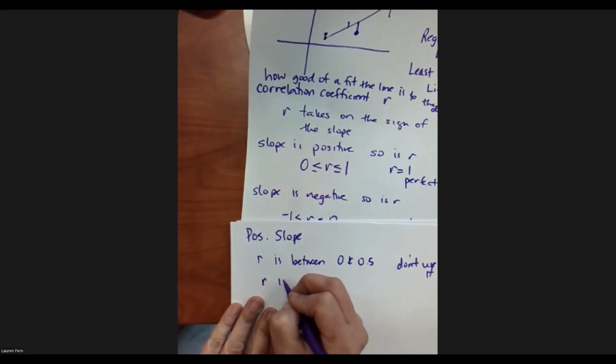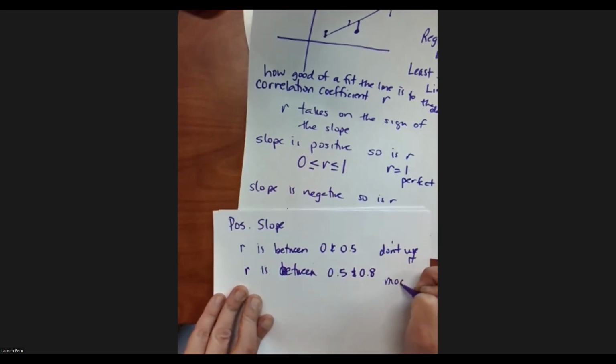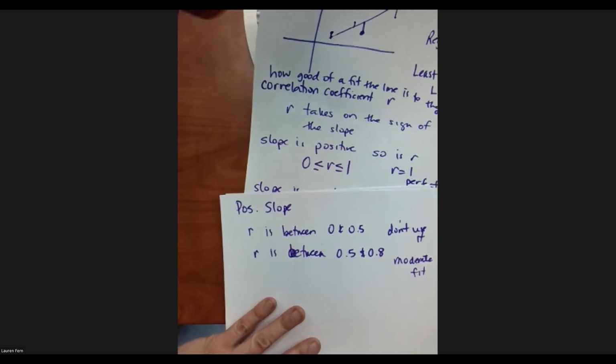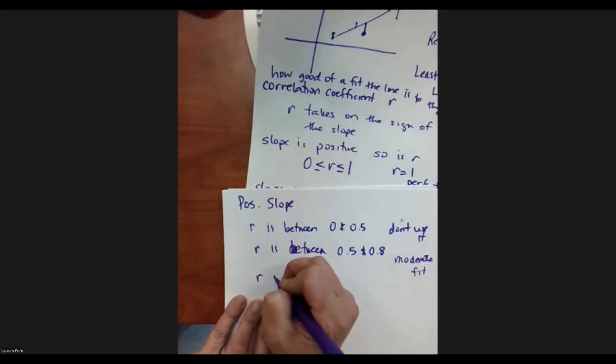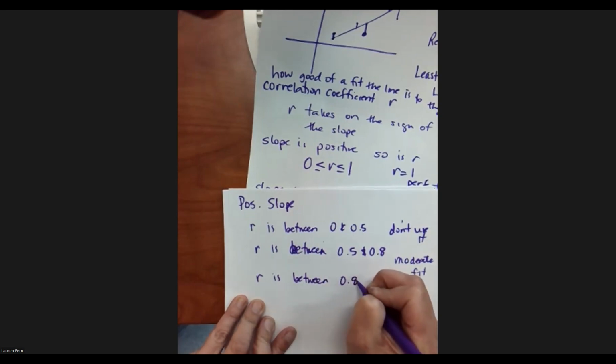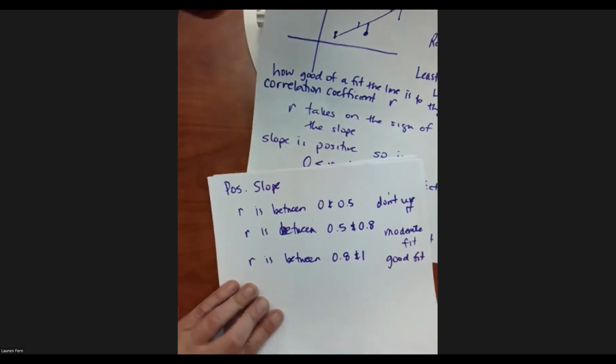If your correlation coefficient is between 0.5 and 0.8, you've got a moderate fit. So use it, but take note that it's not great. And if R is between 0.8 and 1, it's a good fit. You can use it with at least a certain degree of confidence.